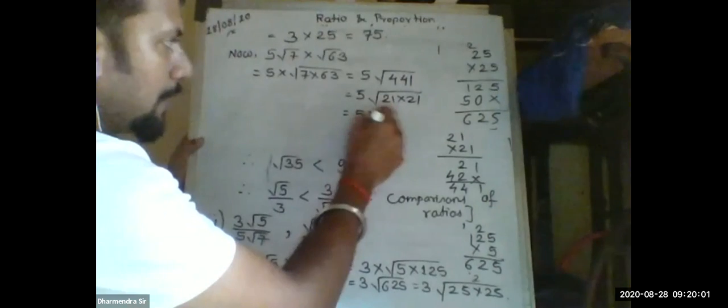And any term which is being taken twice under the root will get converted to a single term, 21. So when we multiply 5 into 21, this gives the answer 105.